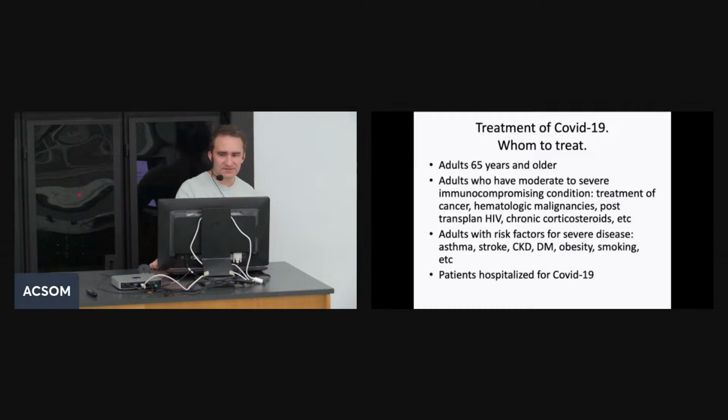In adults with risk factors for severe disease like asthma, stroke, CKD, chronic kidney disease, diabetes, obesity, smoking, and then everybody who is hospitalized specifically for the COVID, you would treat as well.